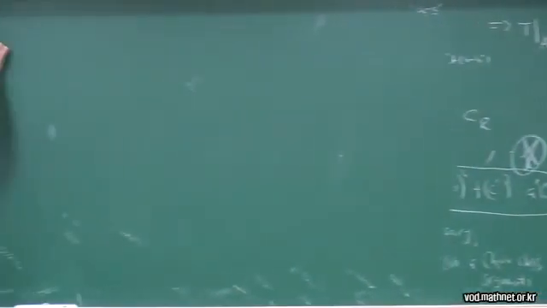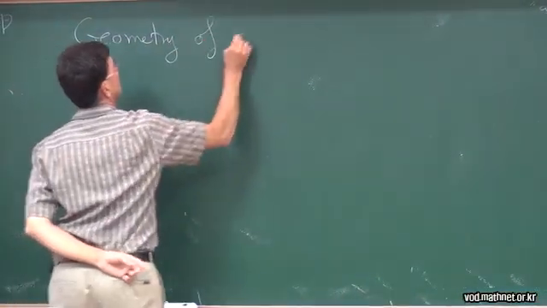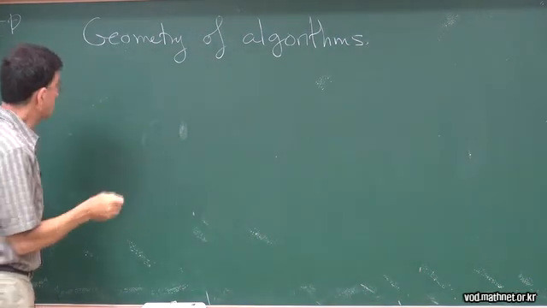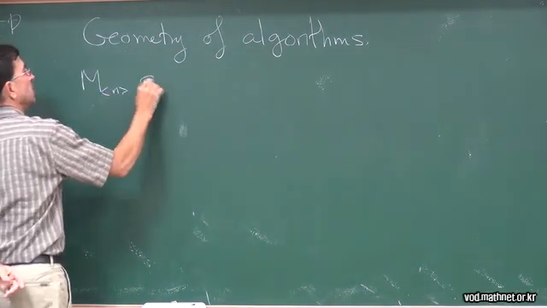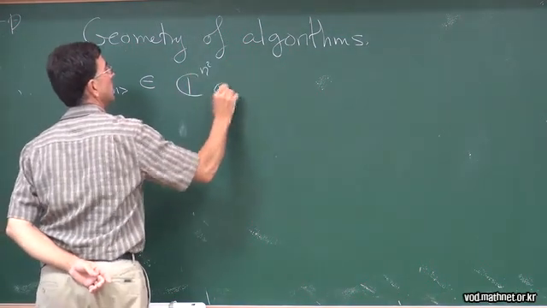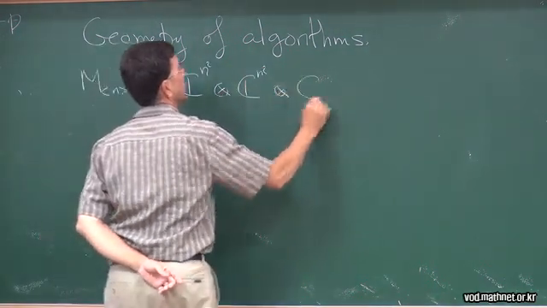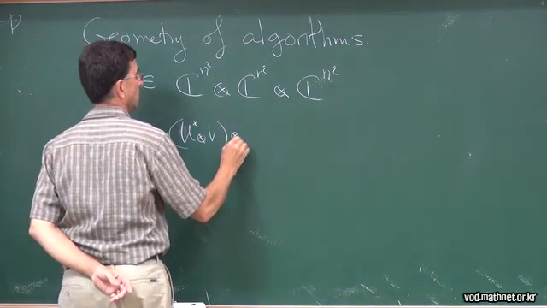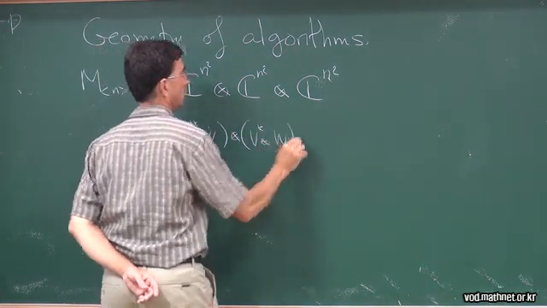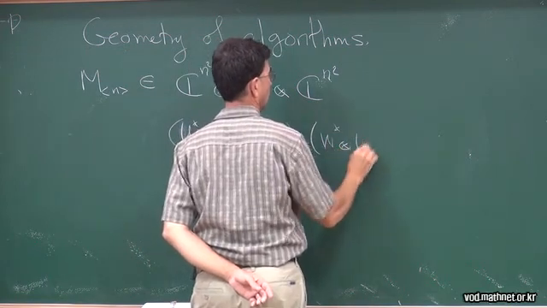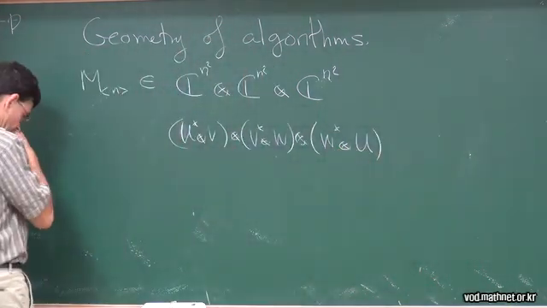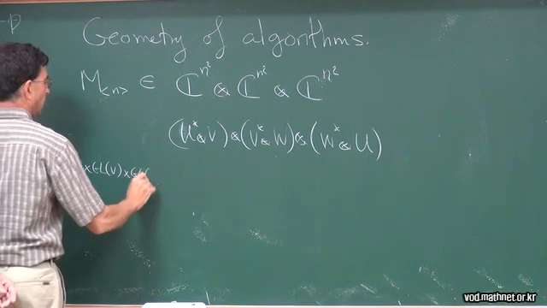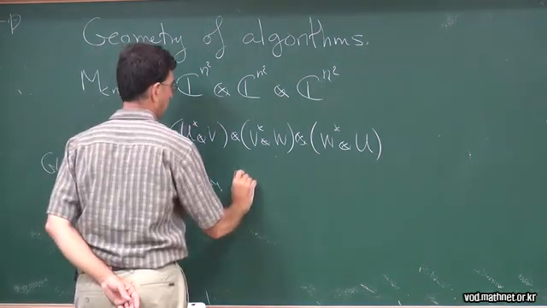So we have our matrix multiplication sitting inside C^{n squared} tensor C^{n squared} tensor C^{n squared}, which we also think of as this U star tensor V star tensor W star tensor U. And so this group GL(U) cross GL(V) cross GL(W) acts on this point.